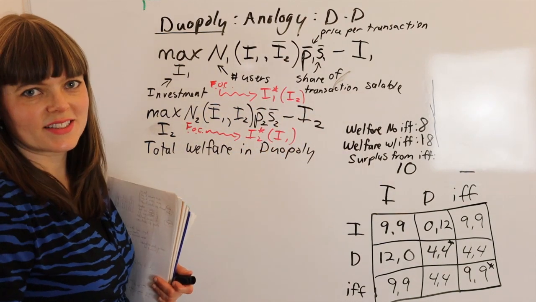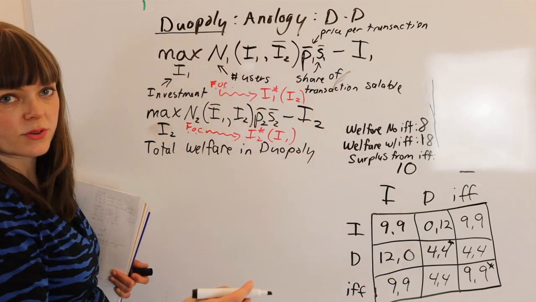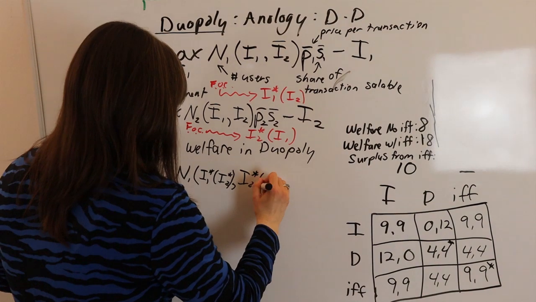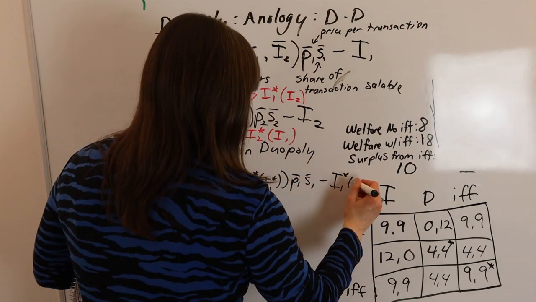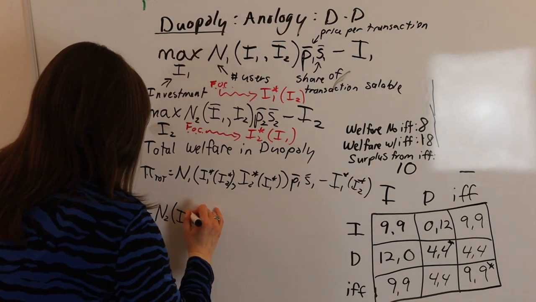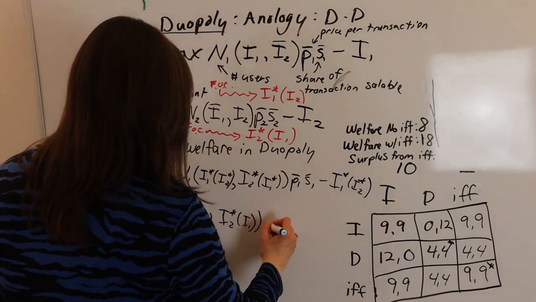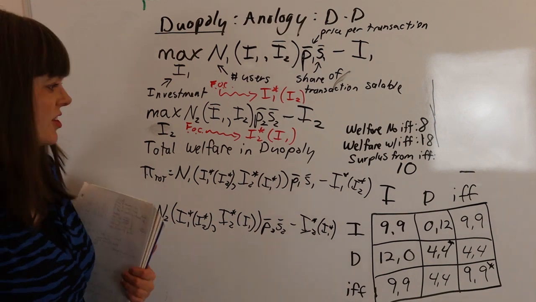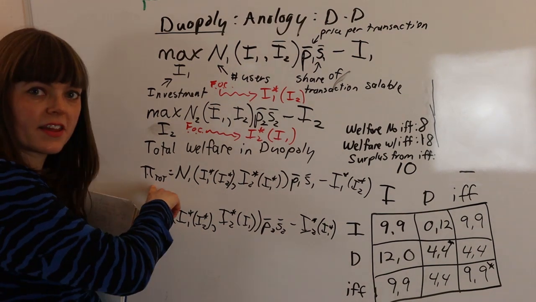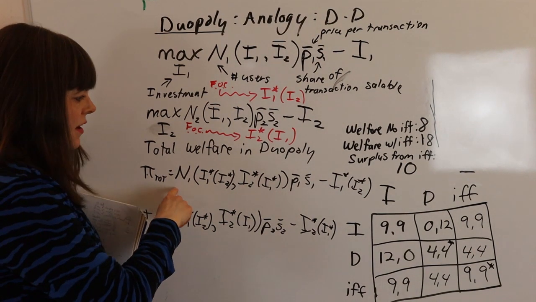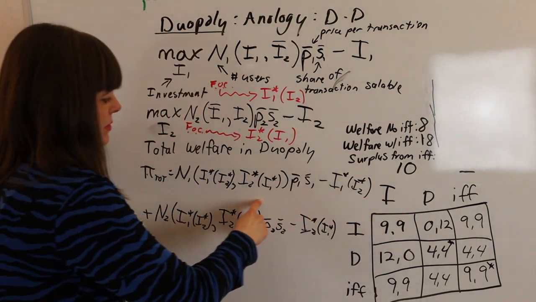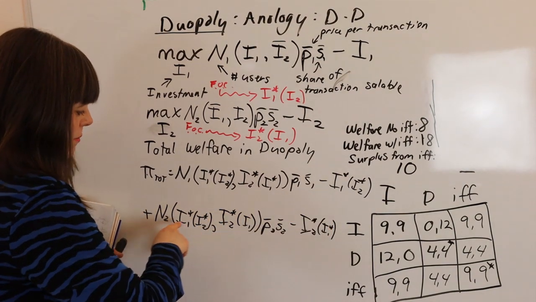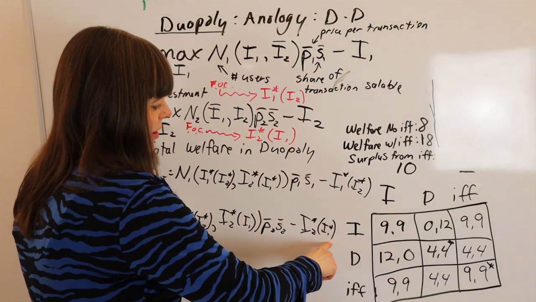So it's somewhat boring, but I'm going to go ahead and write that out. Okay, so this just says the total payoff in this duopoly is the profit of player 1, where we're plugging in I1 and I2, plus the profit of player 2.